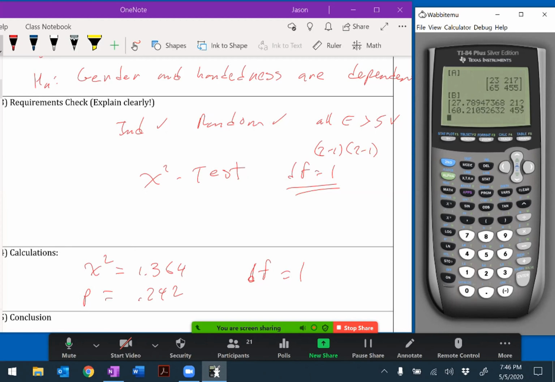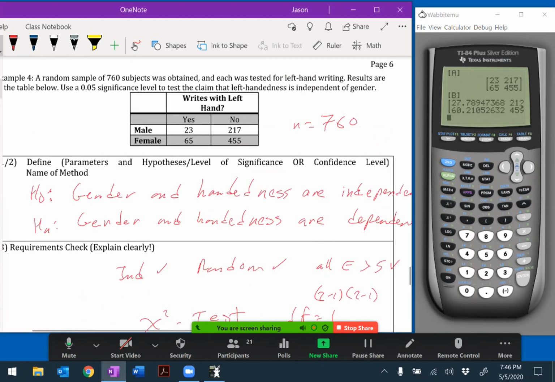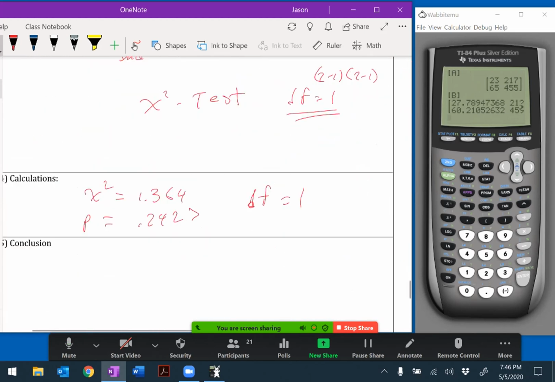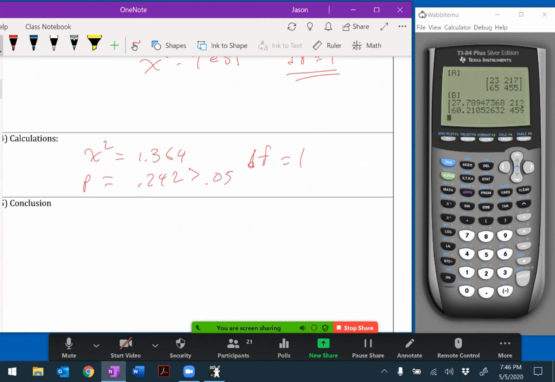Now, what does this big p-value tell me? This big p-value is bigger than anything that I would compare it against. It says use a 5% significance level, so I'm going to compare that against the 5% significance level. And what is the conclusion? The conclusion is that there is insufficient evidence to reject the null.